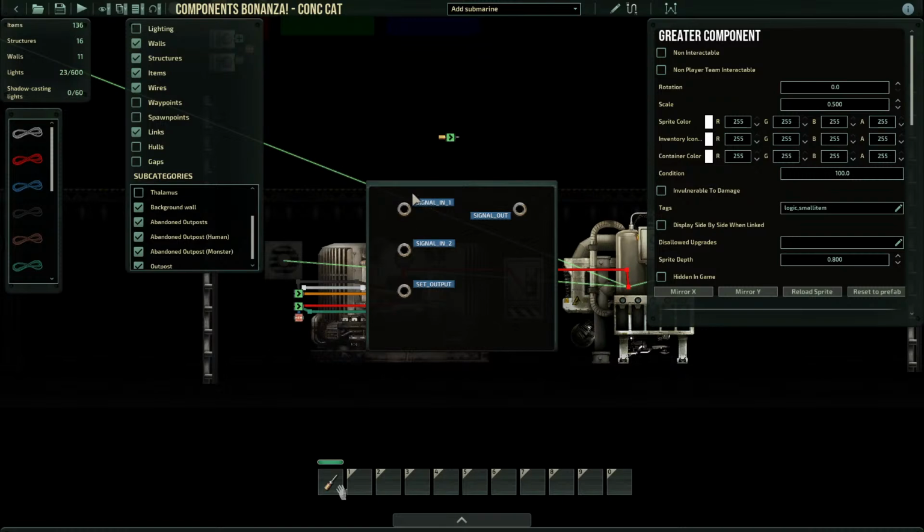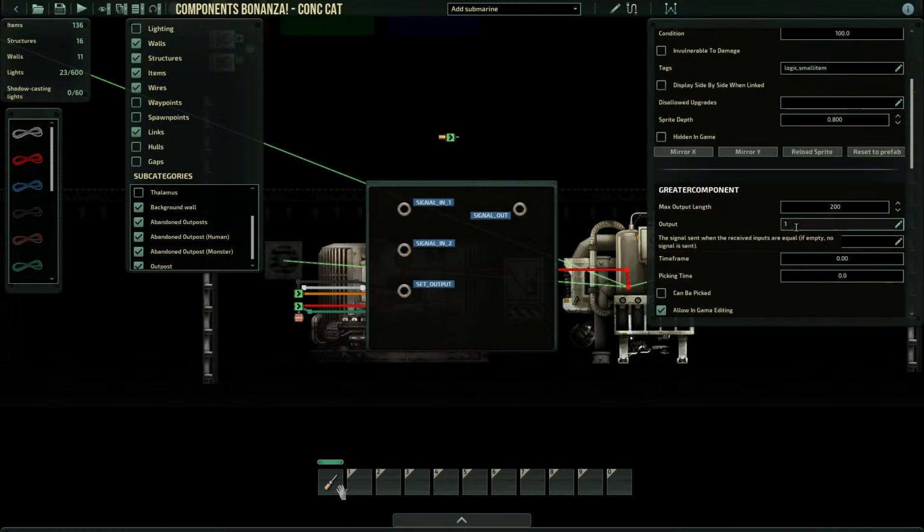So if the numeric magnitude of signal in 1 is greater than signal in 2, then the true condition is satisfied and the signal is produced. So this is your true condition output unless there is a signal coming into the set output port, in which case this becomes your true condition output. If the signal in 1 is not present or not greater than signal 2, then your false condition output is what comes out of here, which is by default blank.